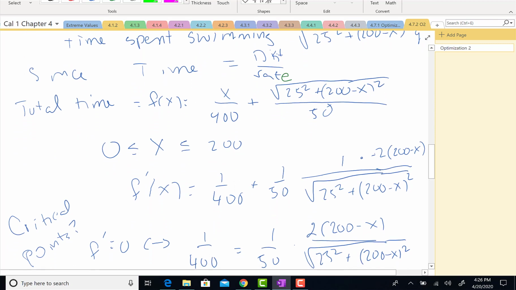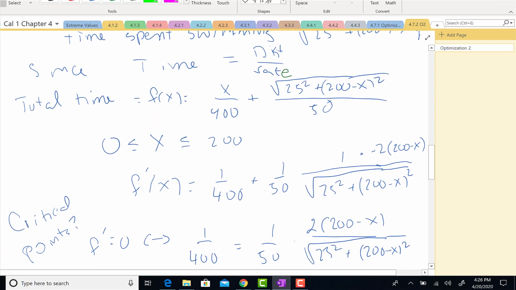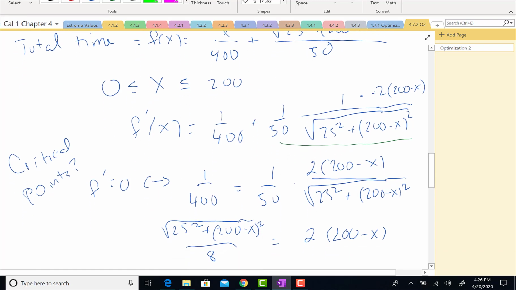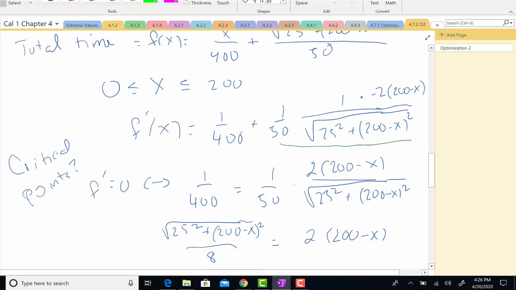Of course, we're going to want to know the critical points. So the derivative would be 0 precisely when 1 over 400 is equal to 1 over 50 times the same expression here, except without the minus sign. Multiplying both sides by that radical, we would get radical over 8 is equal to 2 times (200 minus x).